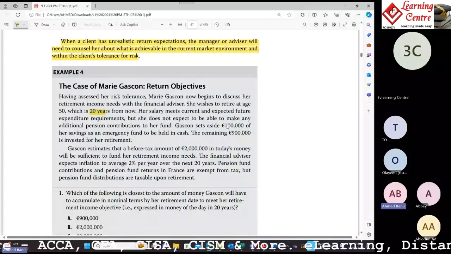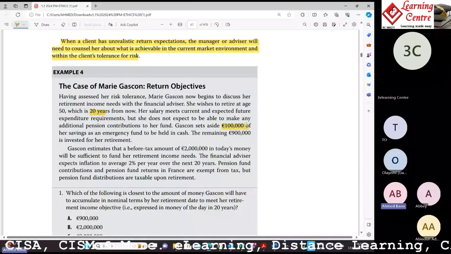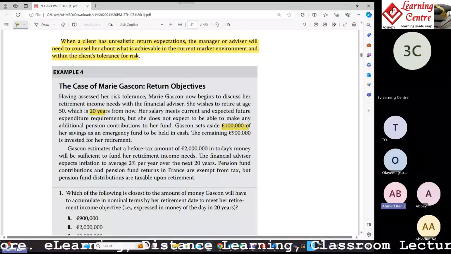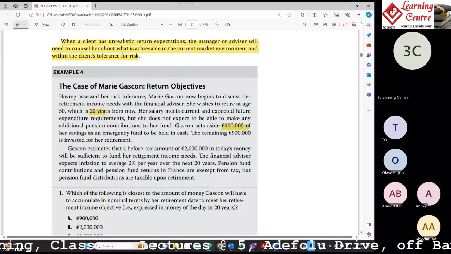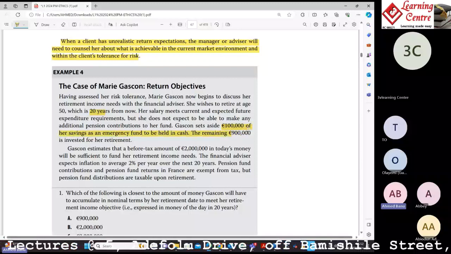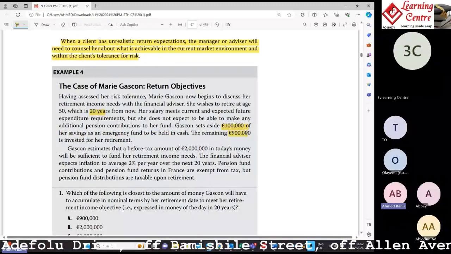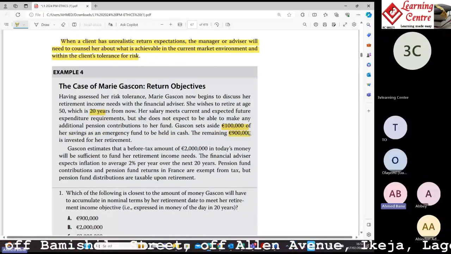Gaston sets aside 100,000 euros of her savings as an emergency fund to be held in cash. The remaining 900,000 euros is invested for her retirement.